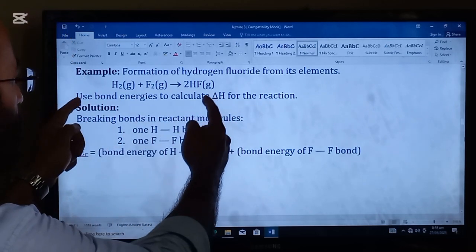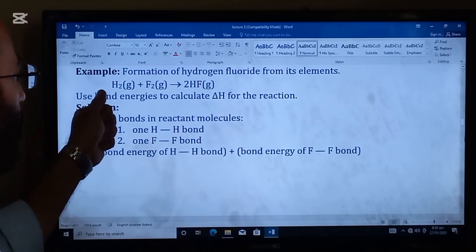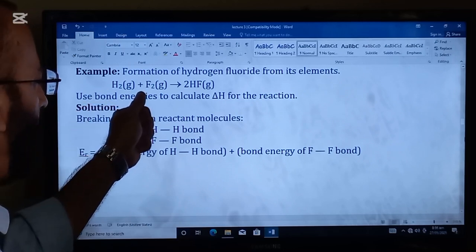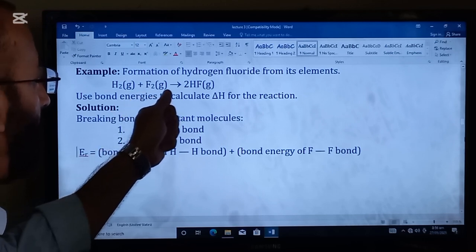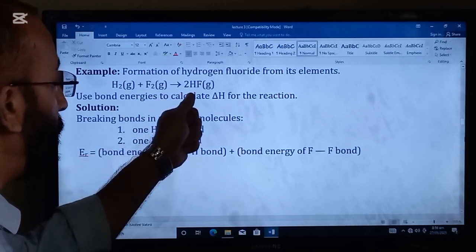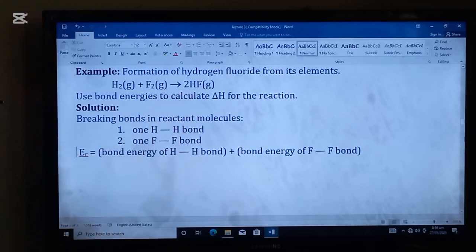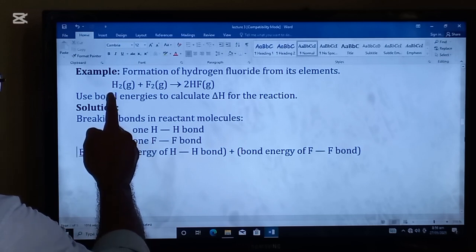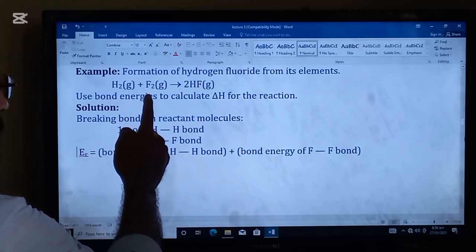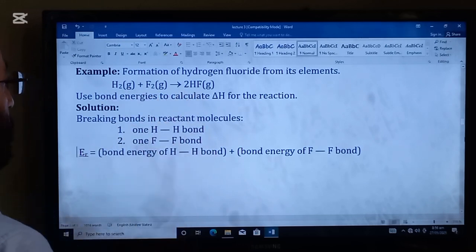From the reaction you can clearly see one H-H molecule is there, one F-F molecule is there, and two HF molecules are there. So we require the bond energy of H-H, F-F, and HF.